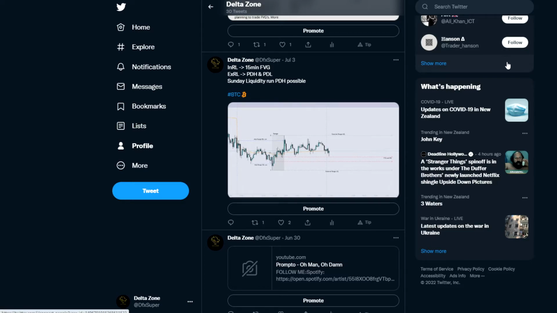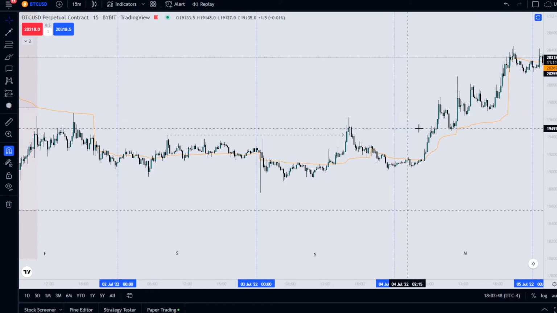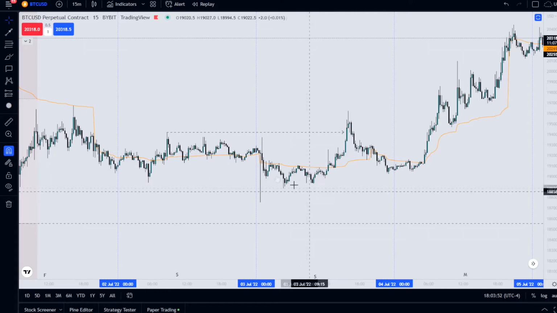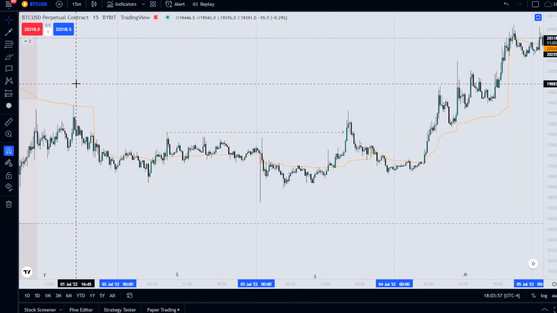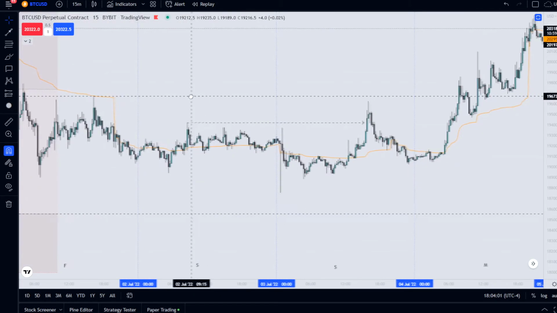From about 7 o'clock in the morning to about 4 o'clock in the afternoon, you have quite big candle ranges, and price can run for external liquidity. And oftentimes that happens on Sunday. So you'll see how we ran the buy side here on Sunday, and you could do that on your own charts.